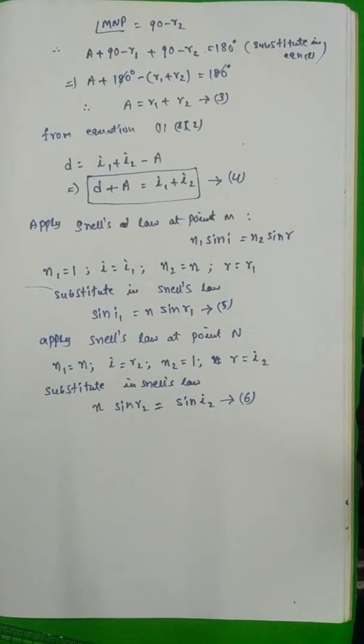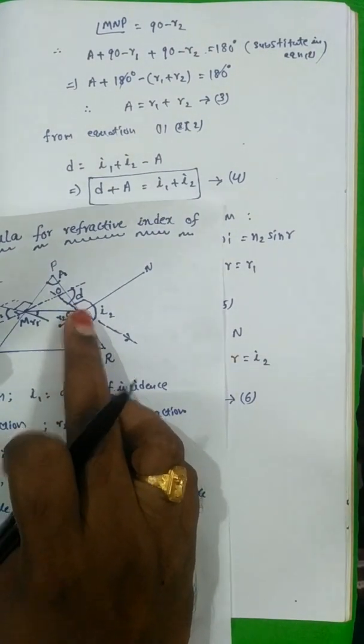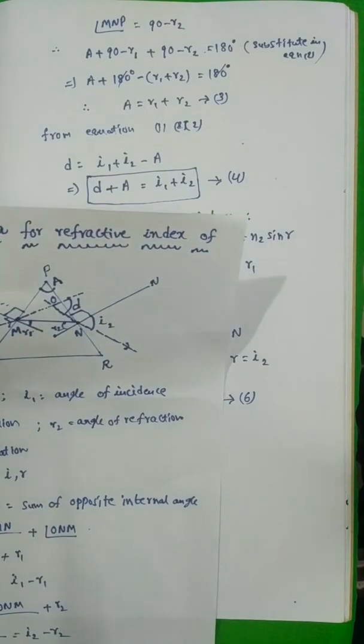Now we have to know the angle of minimum deviation. The angle of minimum deviation is the smallest angle through which light is bent by an optical element. For example, in a prism, when the angle of deviation is a minimum, the incident ray and exiting ray make equal angles. We call this capital D, the minimum angle of deviation.